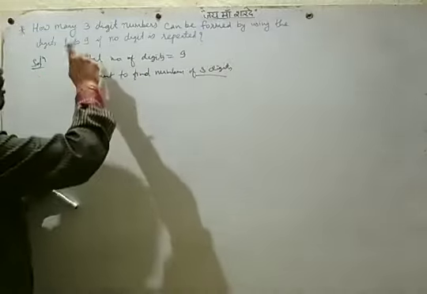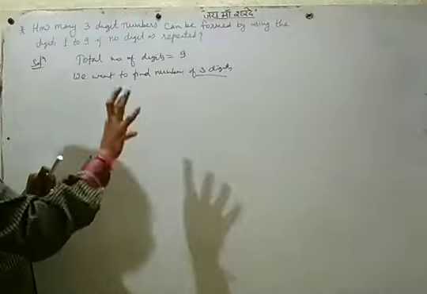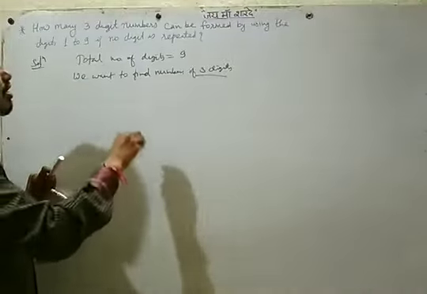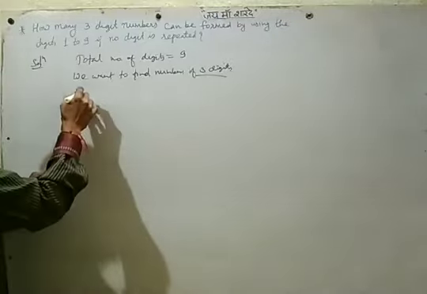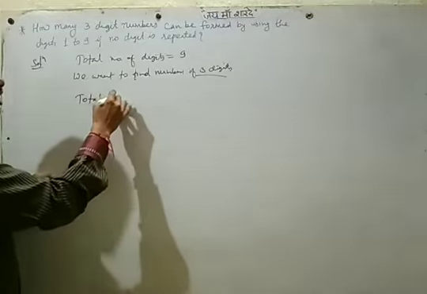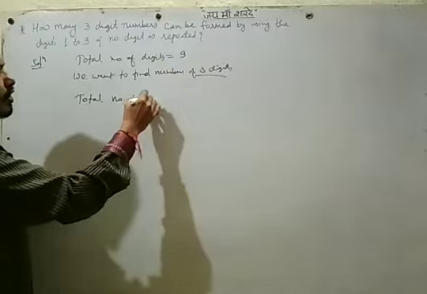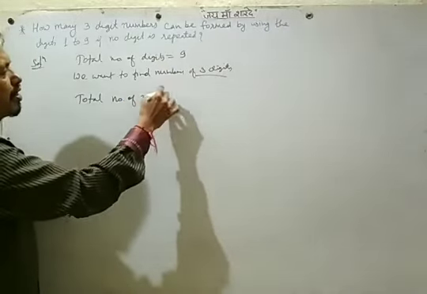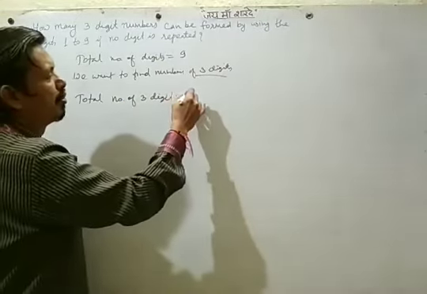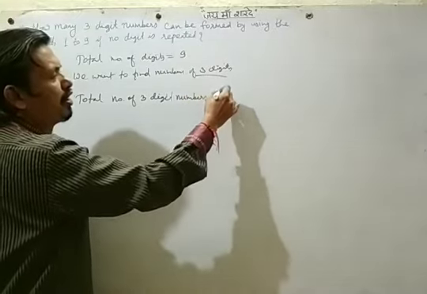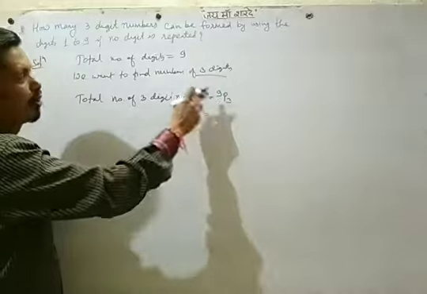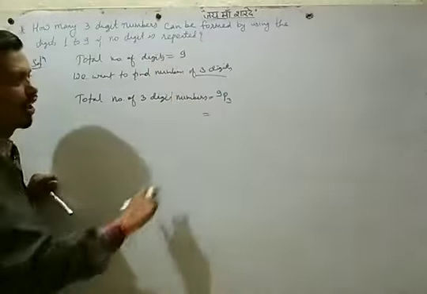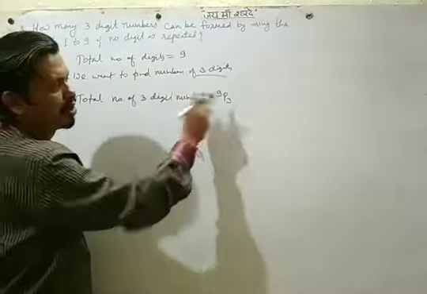So the total number of 3-digit numbers will be 9P3. And this we can apply because all 9 are different and no digit is repeated. That's why I can use this formula.